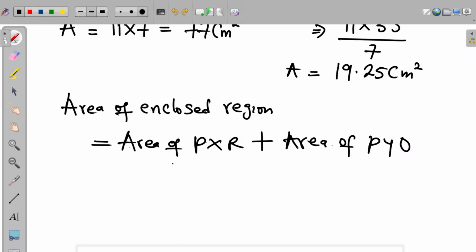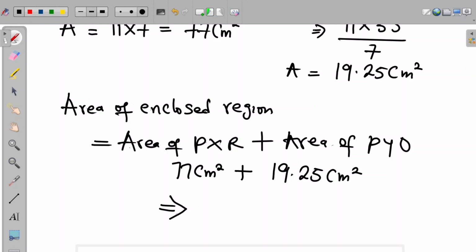So we have there to be 77 cm squared plus 19.25 cm squared. So if we add the two values, we have that the area of the enclosed region is giving us 96.25 cm squared.